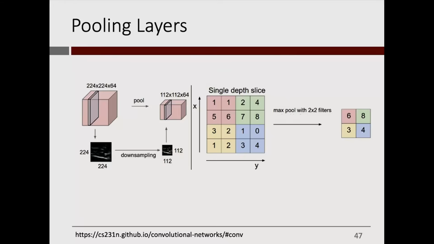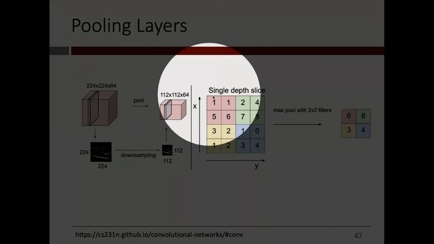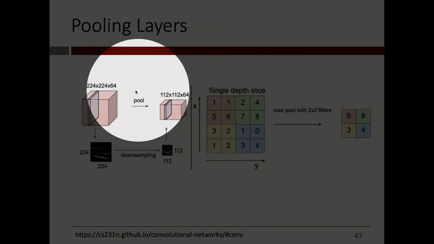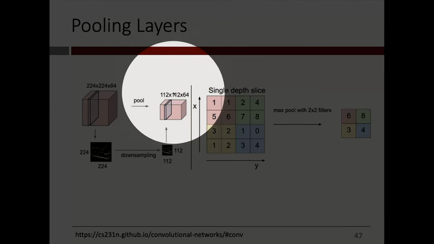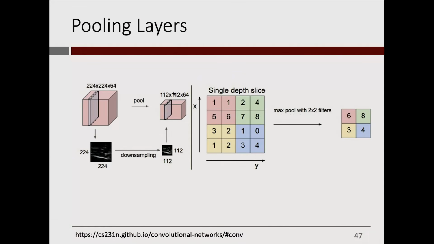Which means you'll still have 64 things at the very end. It's just that every one of the 64, the 224 by 224, will shrink to 112 by 112. So each table shrinks due to pooling, but the number of tables does not change.